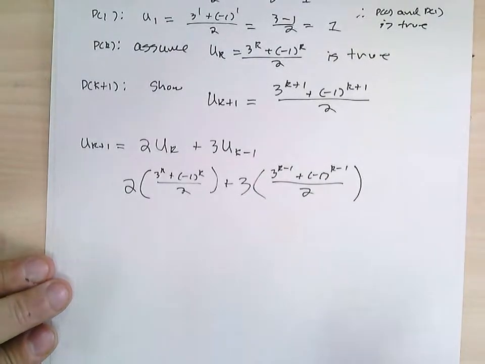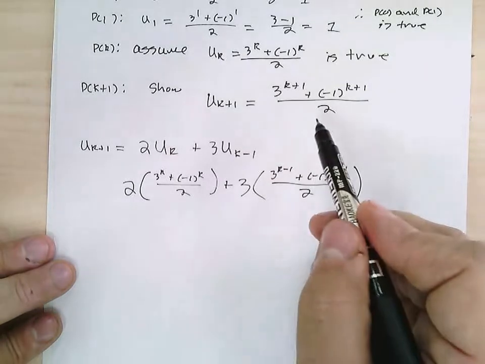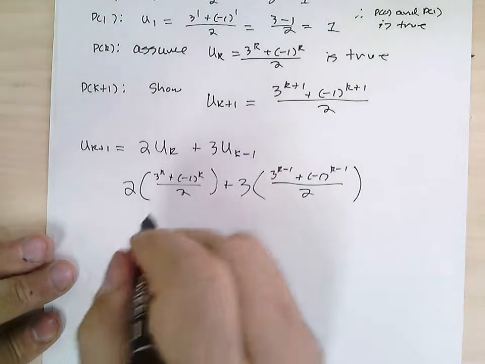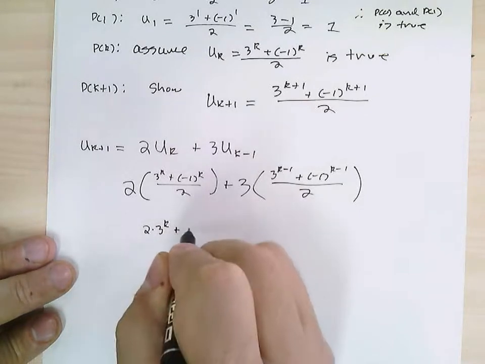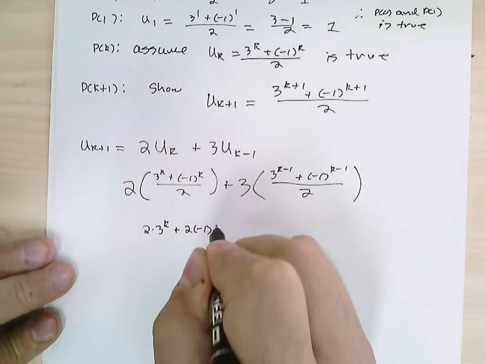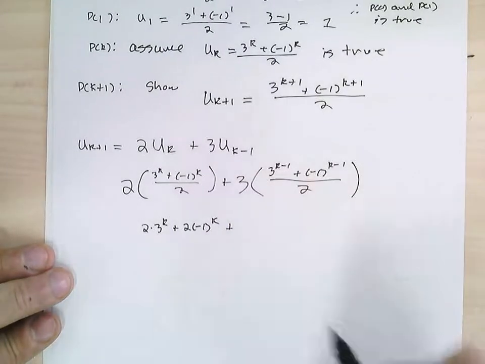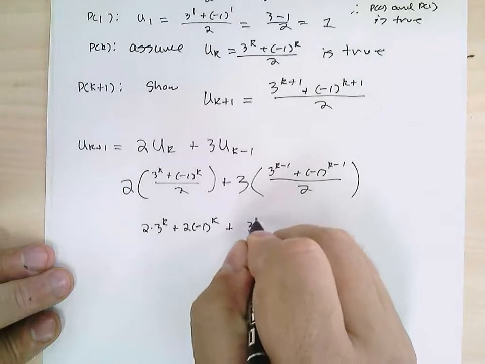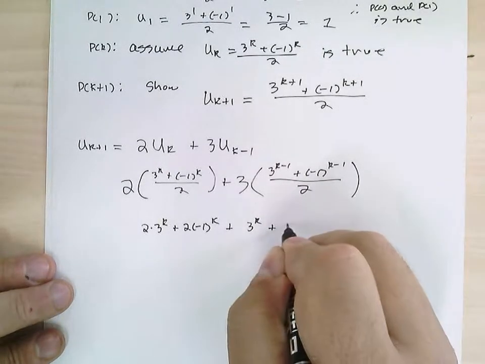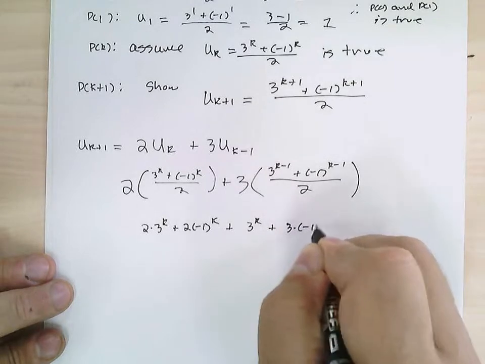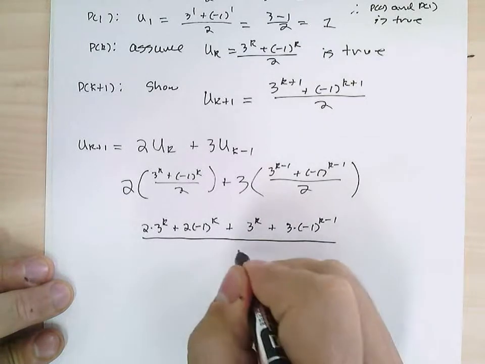Good. Now I'm trying to make it look like this guy right here. So I notice that there's a 2 in the bottom and I need a 2 here, so I have like terms. So I'm going to go 2 times 3^k plus 2 times (-1)^k plus, if I take that 3 times that, I'm just going to get 3^k, and then I'm going to get plus a 3 times a (-1)^(k-1) all over 2.